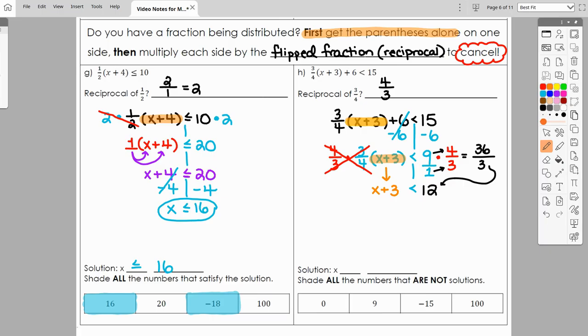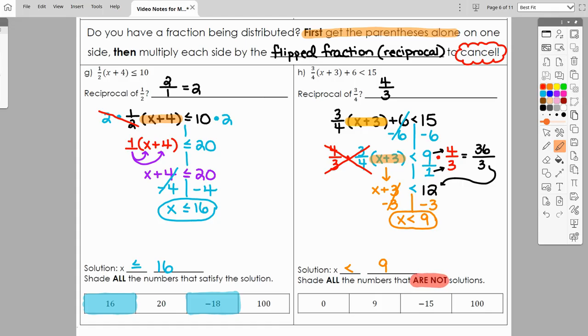From here, all I have left is x plus 3 being less than 12. Well, it's a plus 3, so let's subtract 3 from one side to the other. Cancels out on the left side to just an x, and I can do 12 minus 3, which is 9. Your answer is x being less than 9. Shade all the numbers that are not solutions.